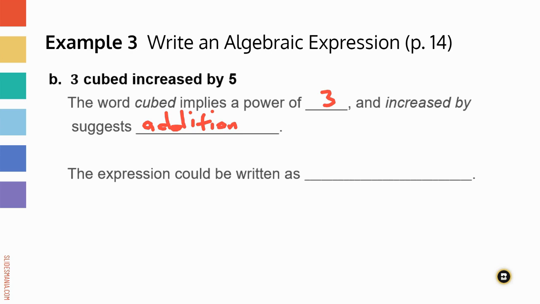So then the expression could be written as 3 cubed plus 5. We could also write it the other way, so 5 plus 3 cubed. Sorry, that's a weird 3. But either of those is fine.